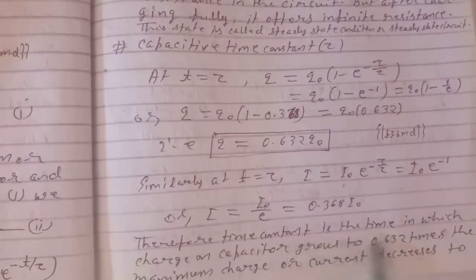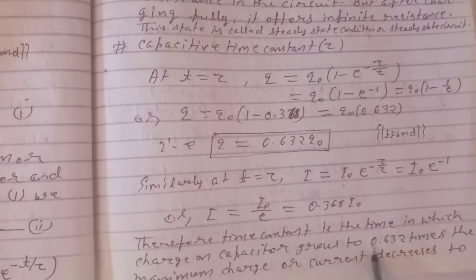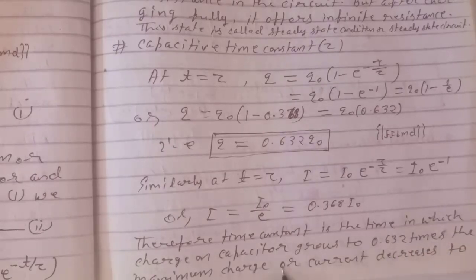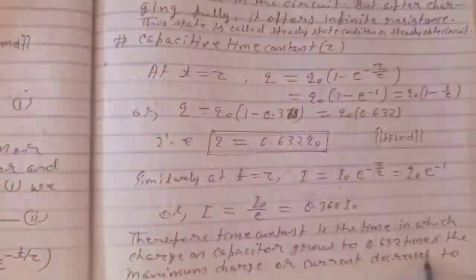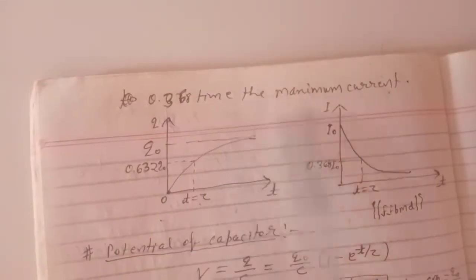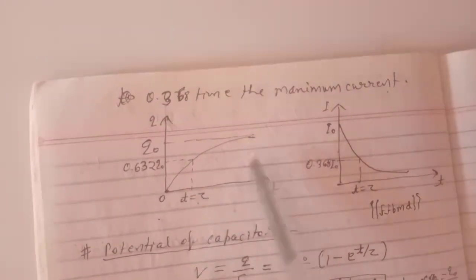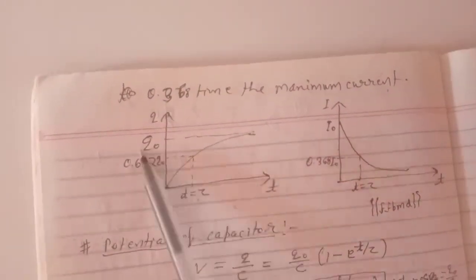Time constant is the time in which the charge on the capacitor grows to 0.632 times the maximum charge, or the current decreases to 0.368 times the maximum current, and this is shown in the figure.